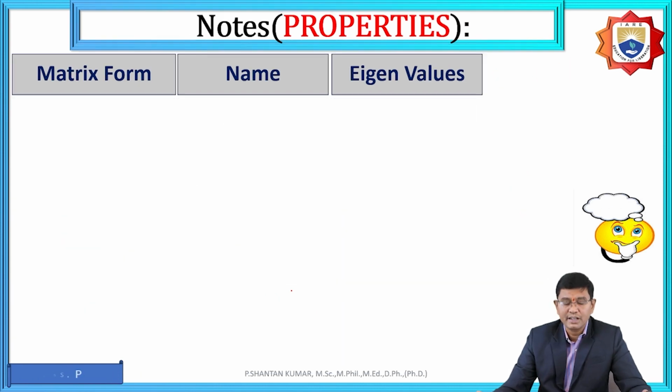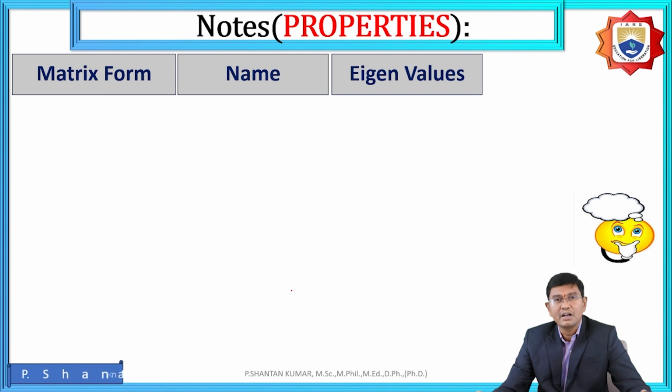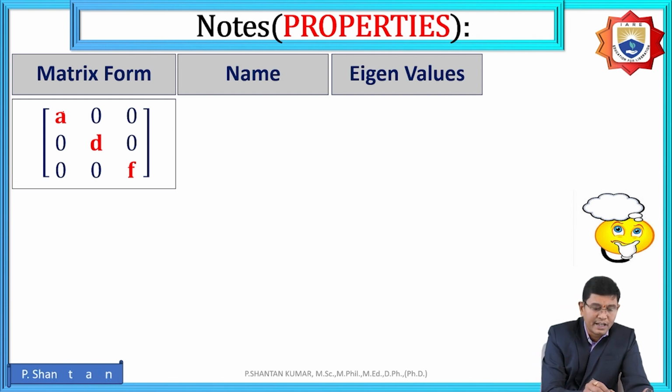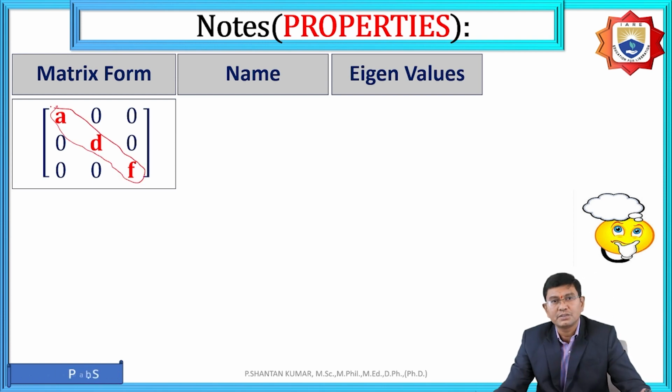Similarly, assume a 3 by 3 matrix. Consider the matrix with a, 0, 0; 0, d, 0; 0, 0, f. It is clearly a diagonal matrix because only the diagonal elements are present and the non-diagonal elements are zeros.